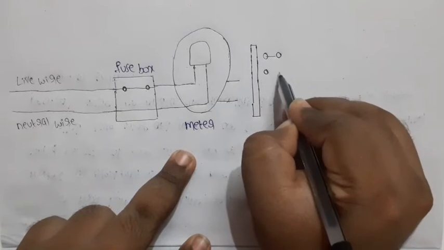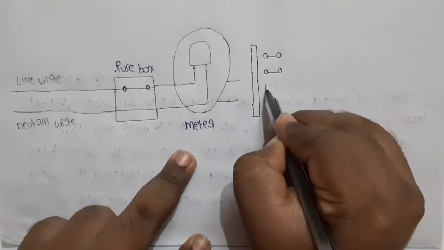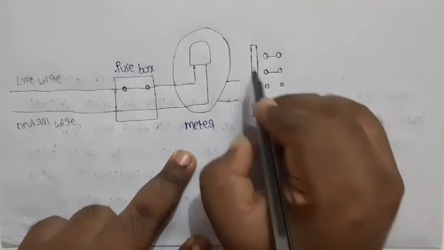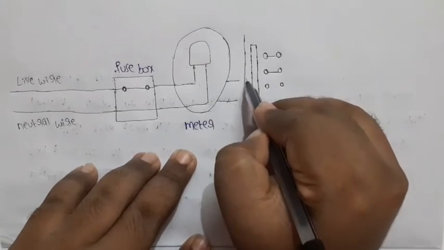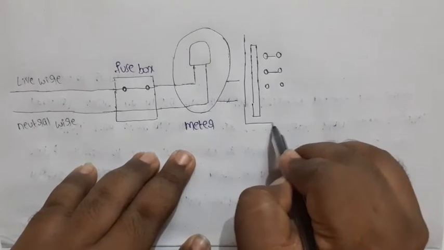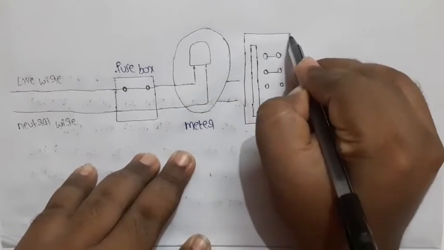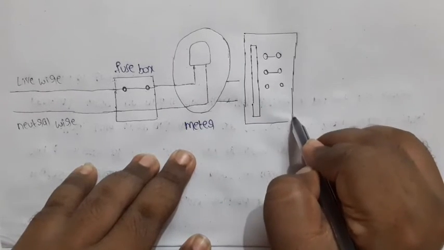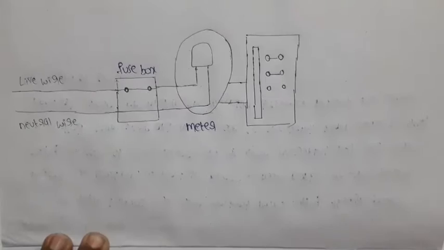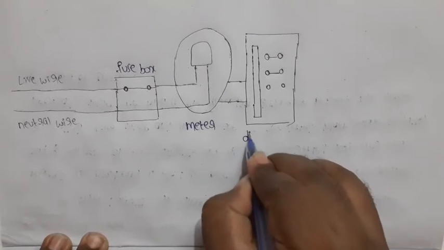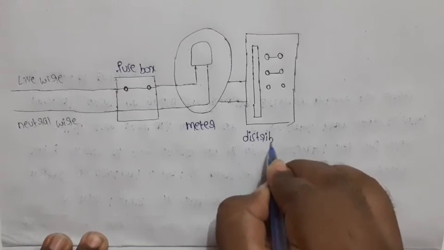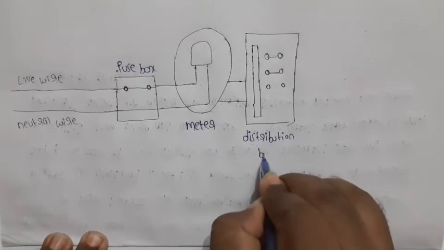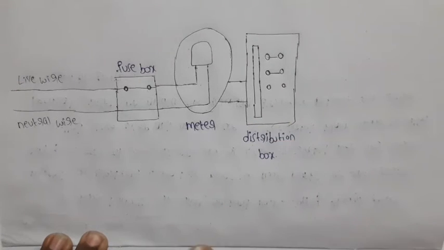This whole box is called the distribution box, meaning power is distributed. The distribution box contains switches along with fuses.